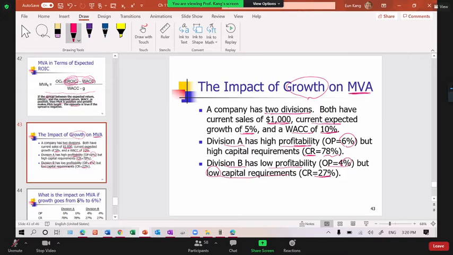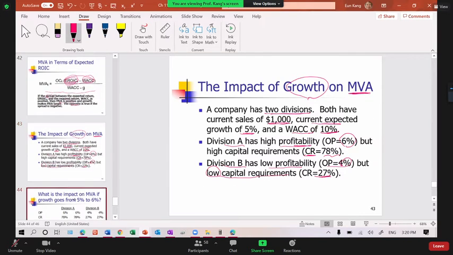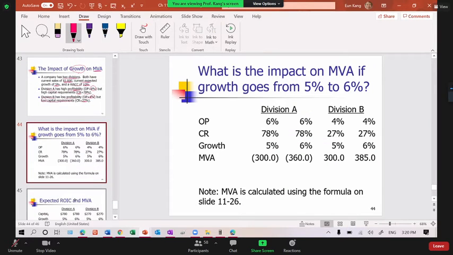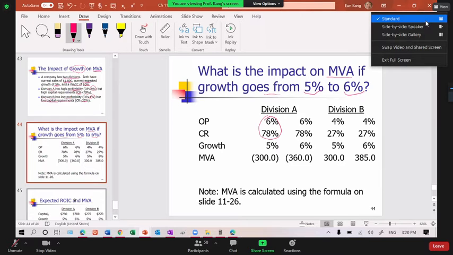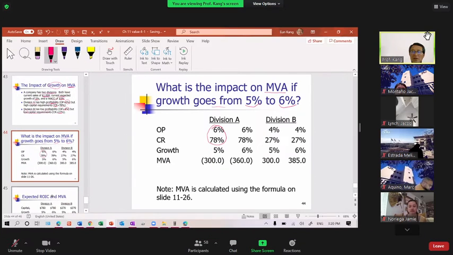In this case, let's say this is just one example, right? Then what is the impact on MVA if growth goes from 5 to 6%? So now you increase growth, right? So then what? Originally, those numbers are given: 6%, 78%, and for Division B, 4%, 27%.